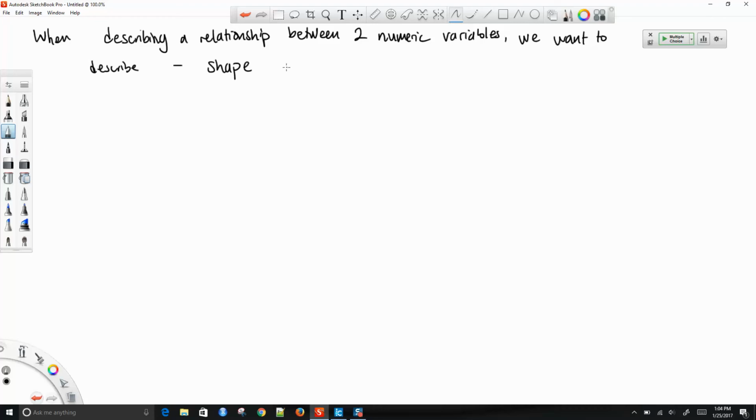For the shape, it could either be linear or nonlinear. We want to describe the direction. The direction can be positive, negative, or neither. And then lastly, we want to discuss the strength.